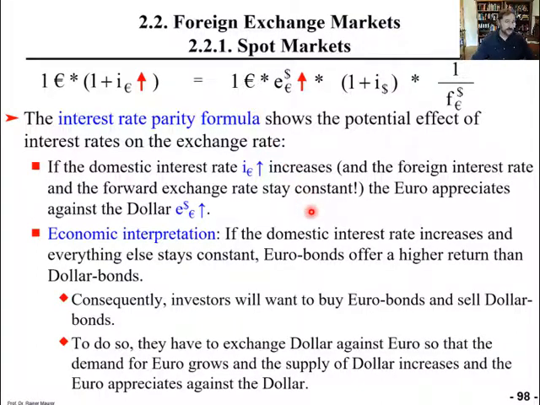The economic interpretation is: if the domestic interest rate increases and everything else stays constant, euro bonds offer a higher return than dollar bonds. Consequently, investors will want to buy euro bonds and sell dollar bonds. To do so, they have to exchange dollars against euro so that the demand for euro grows and the supply of dollars increases, and the euro appreciates finally against the dollar.